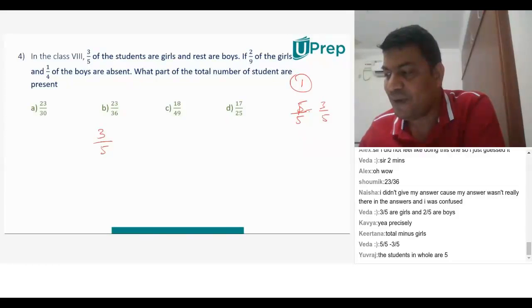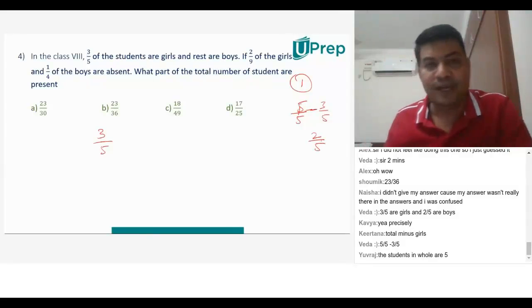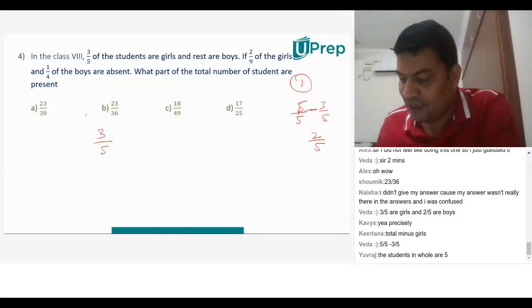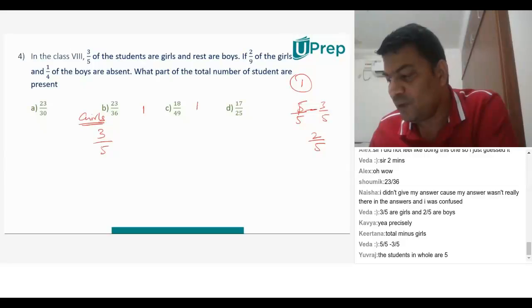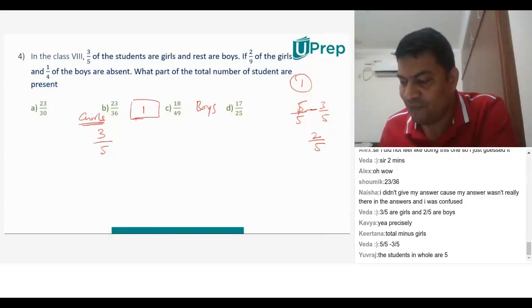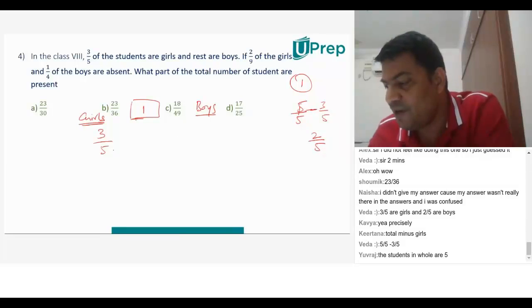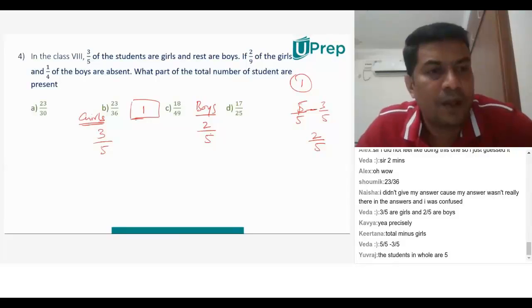So 5 by 5 minus 3 by 5 is nothing but 2 by 5. If 1 is your full class and 3 by 5 is your girls, your boys will be 1 minus 3 by 5, which is 2 by 5. Okay, that's your first step.